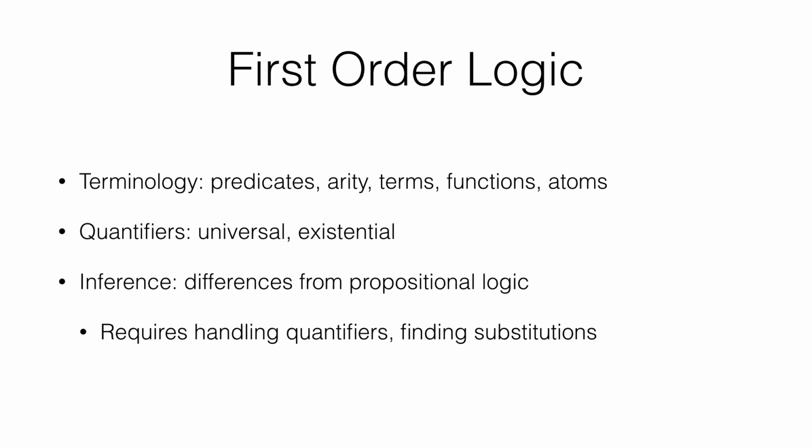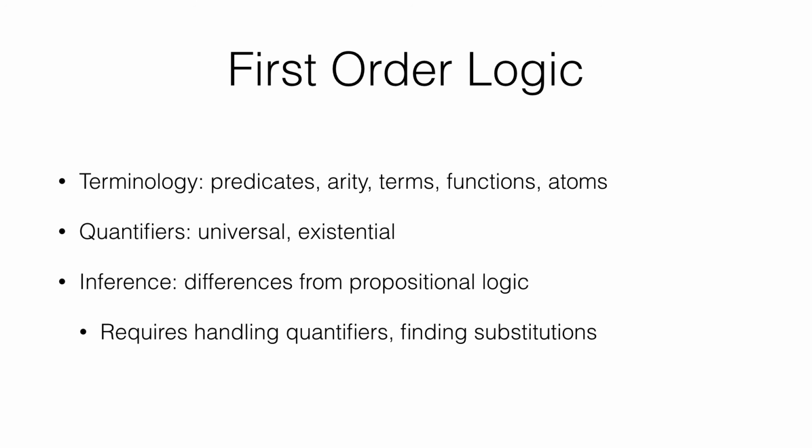So just to summarize this high-level video, we went over the terminology around first-order logic, right? The new syntax, the new things that we can do with first-order logic that we couldn't do in propositional logic. So these were predicates, and predicates that take terms as inputs, leading to formulas.